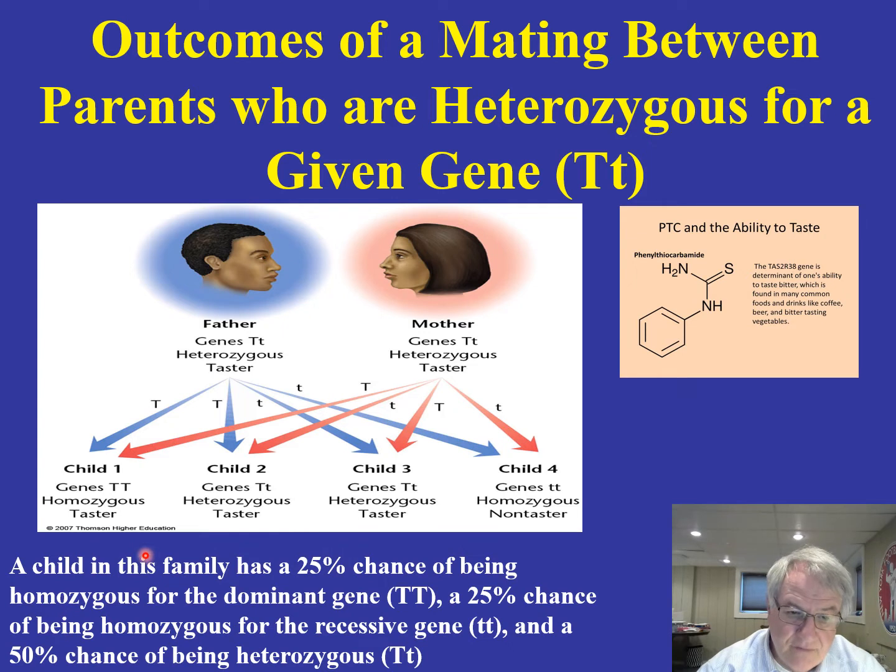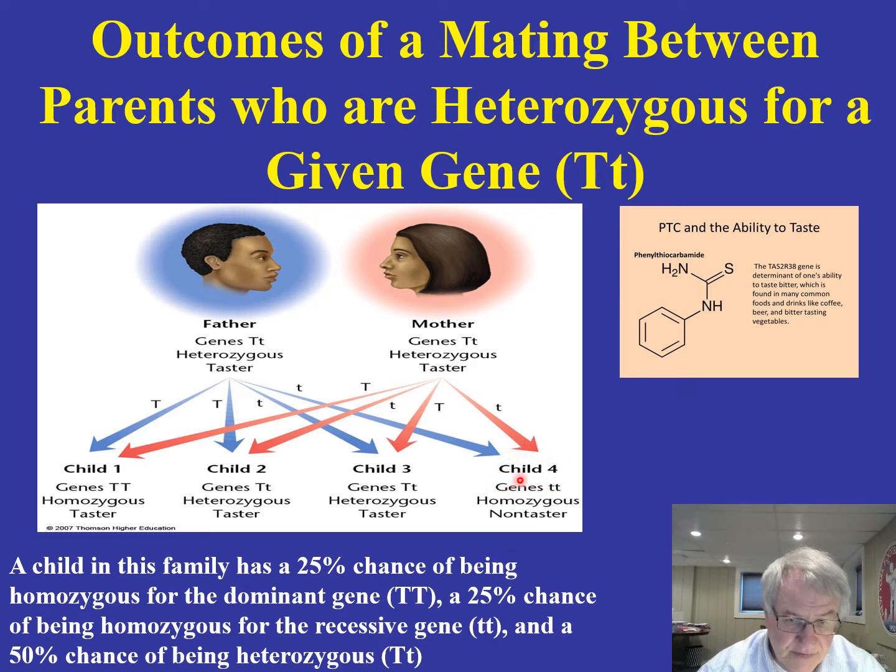You would have homozygous tasters representing about 25%, where you have the dominant gene, and a 25% chance of being homozygous for the recessive gene that you see right here.